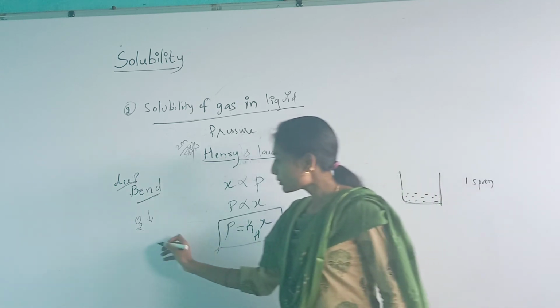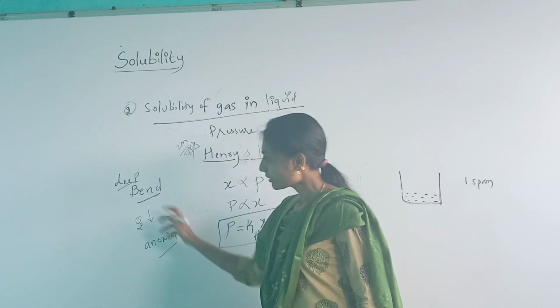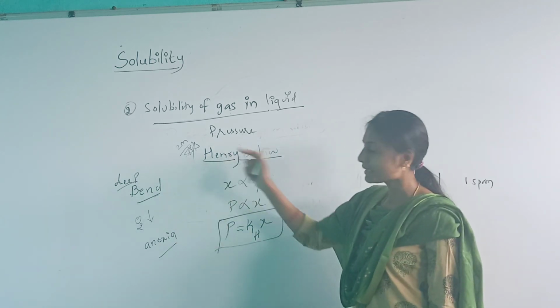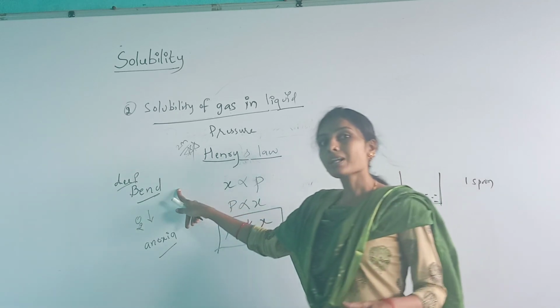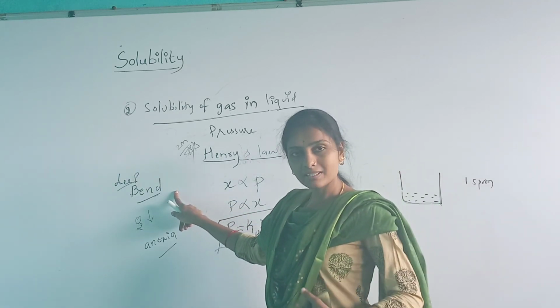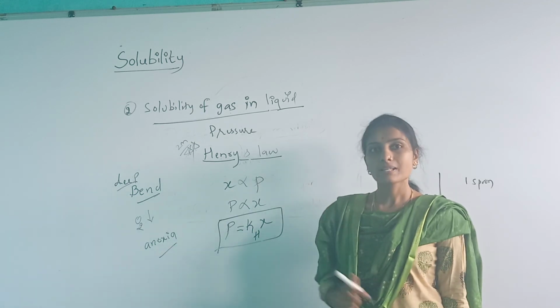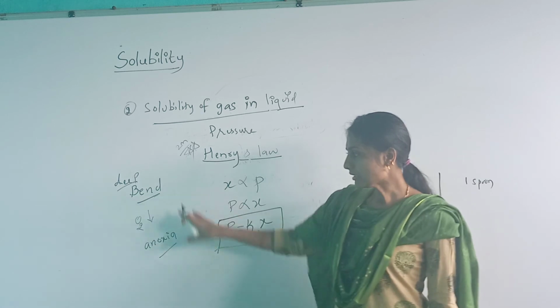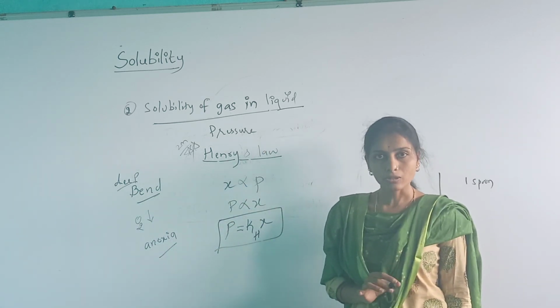That will be leading to a condition called anoxia. One is bends, other is anoxia. Both of them are applications of Henry's law. Bends is more amount of N2 and O2 present in the tissues, and anoxia is less amount of O2 present in our blood. This is nothing but the applications of Henry's law.